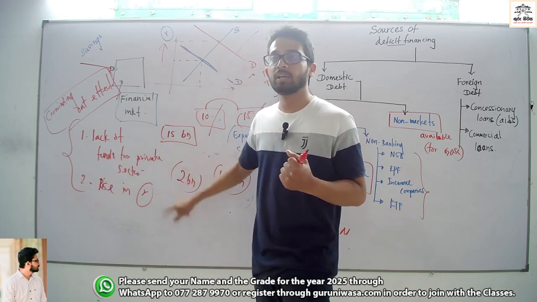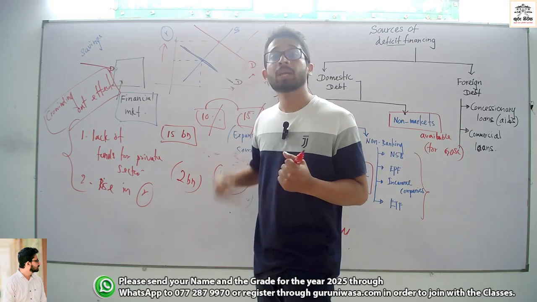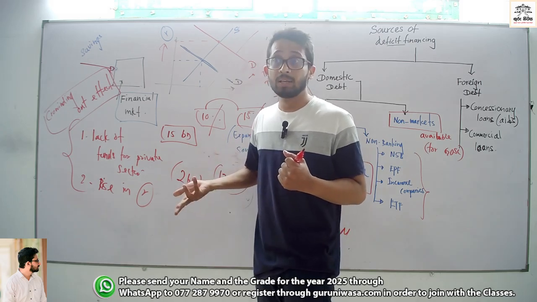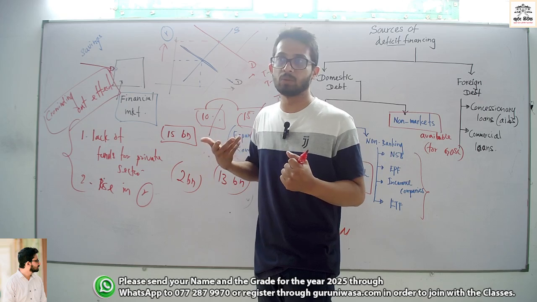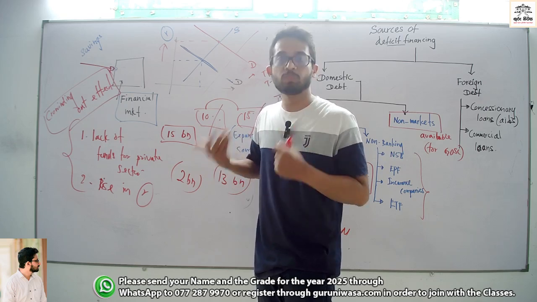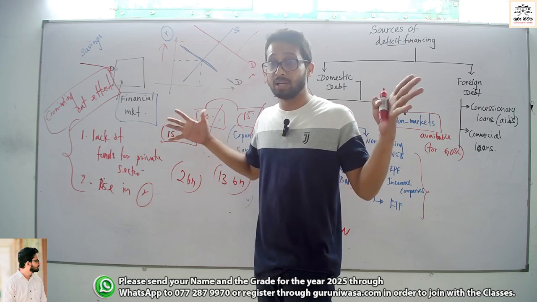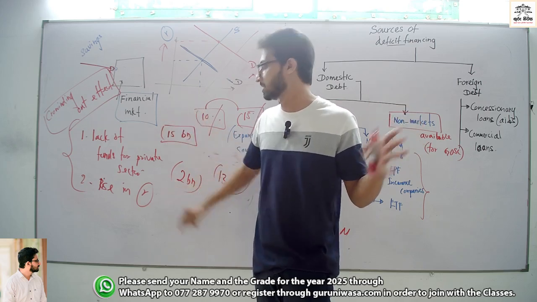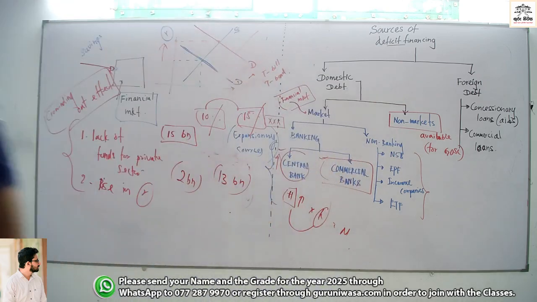The other one is that when the government demands more funds from the financial market, finally the interest rate will go up. That is called the cost of borrowing, or the rate of interest. So the cost of borrowing will finally increase, creating a big burden on the private sector. Both of them are called crowding out. Are you okay with this?